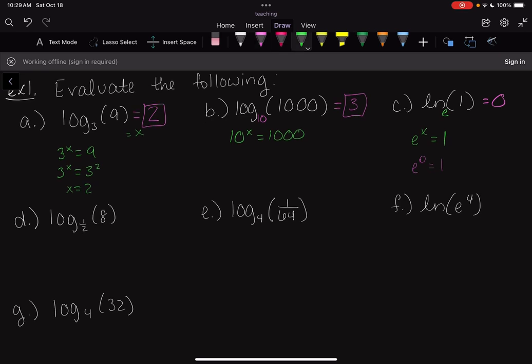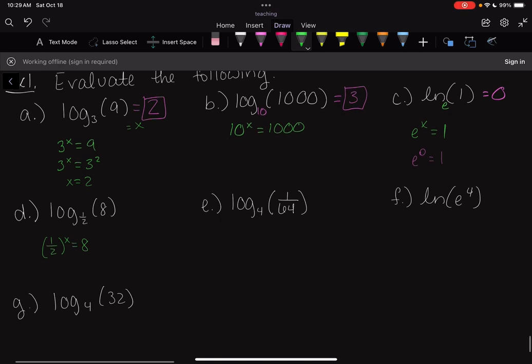Part D, so I'm being asked, what exponent would you put on a half so that it becomes 8? In this case, that would be -3. If you'd like me to show some work, I can.